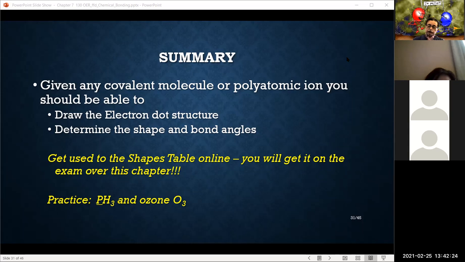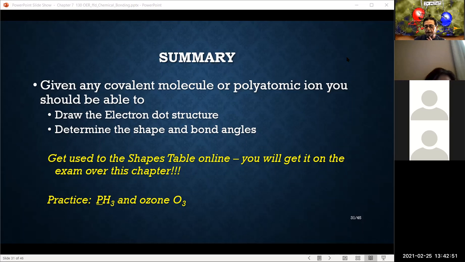As far as structures are concerned, we add up the valence electrons. We tell you who the central atom is. We start putting bonds around the central atom, bonded to whatever elements we gave you, and then just fill in the rest with the valence electrons you have until the octet has been fulfilled.